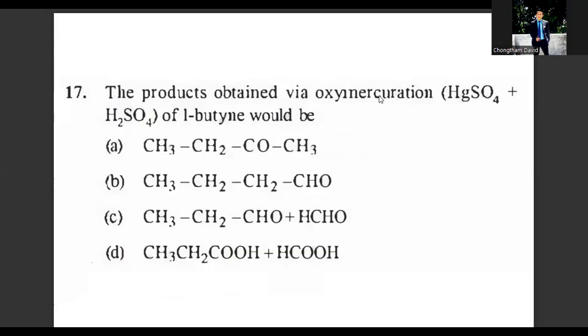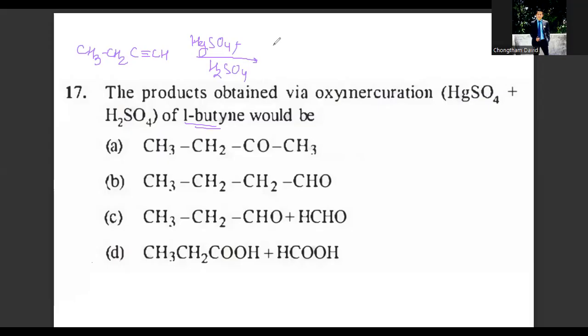oxymercuration leads to hydration according to Markovnikov's rule, and specially it is designed for alkynes. So let us bring up an unsymmetrical alkyne. For simplicity's sake, I'm giving here butyne, and according to the question, it is also mentioning butyne. Let us add this reagent, mercury sulfate and sulfuric acid.